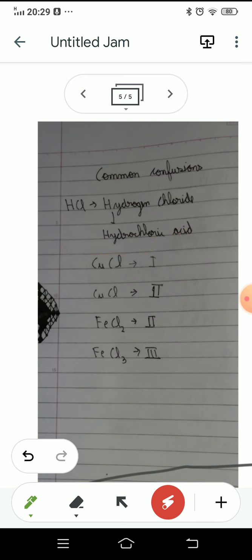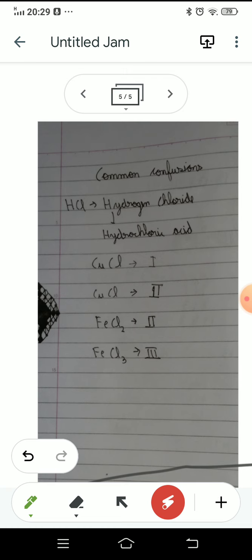Similarly, when I am writing CuCl, copper has a variable valency, it is 1 plus and 2 plus. Chlorine is always 1 minus. And since copper is 1 plus, the valency will be 1 only, so it will be copper 1 chloride.